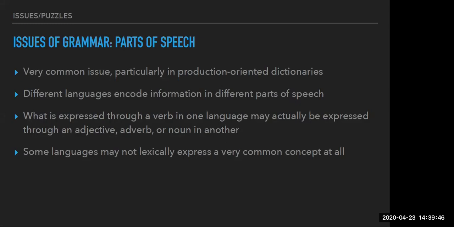This is because languages, as we all know, encode information differently. So what is expressed through a verb in one language may actually be expressed through something else in another language. For instance, if you have the head word notice in English, and it's a noun, and there's a sense of notice which means warning, in the sense of, if you're coming next week, please give me some notice, so let me know ahead of time that you're coming.